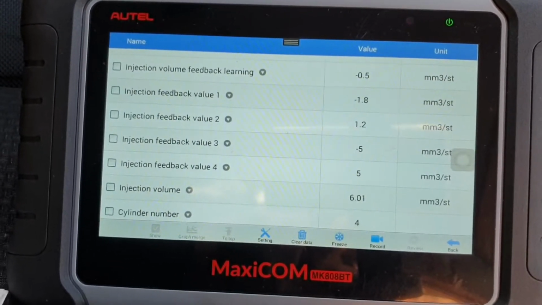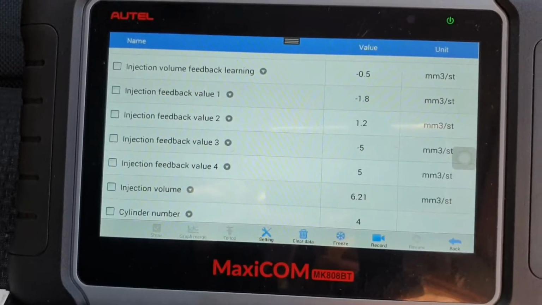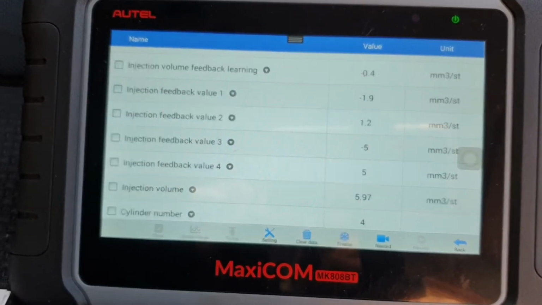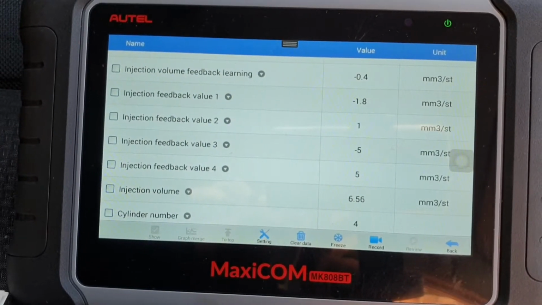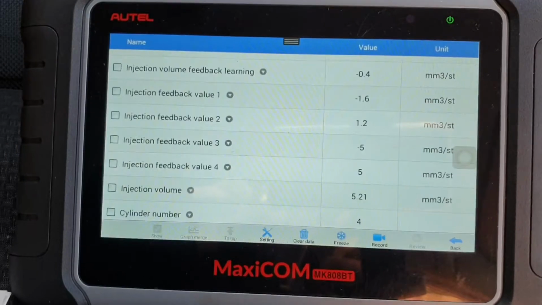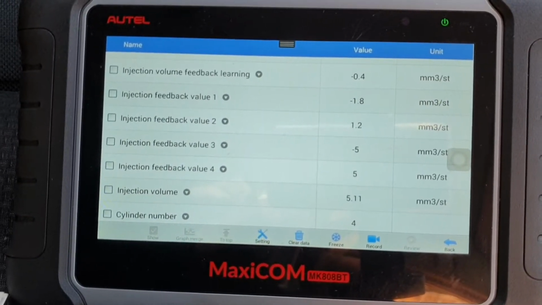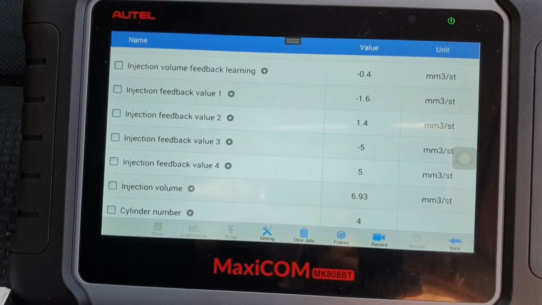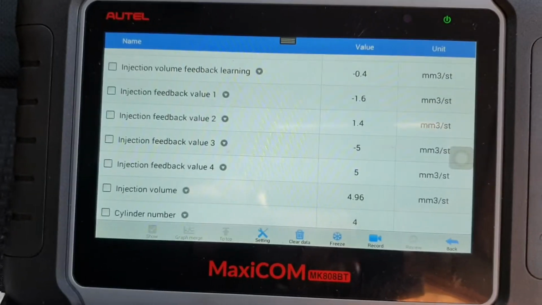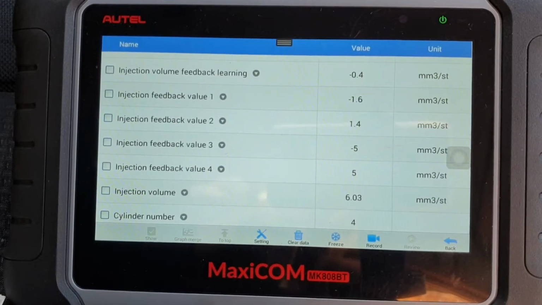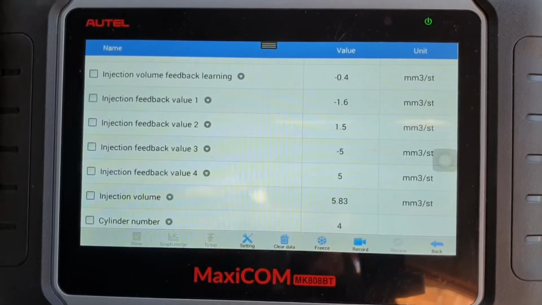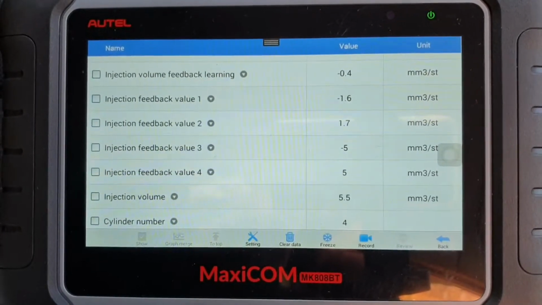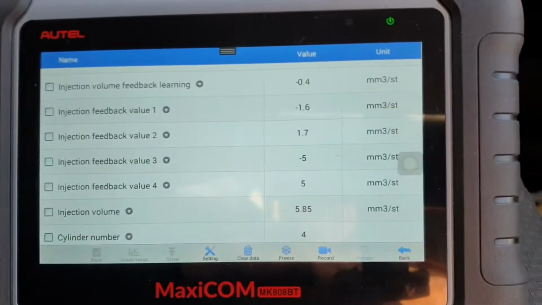So now I'm going to disconnect this injector and see if there is any change in the value. Injector 4 is also bad, because the injection feedback value is 5, which is no good, and the injection feedback value of injector 3 is -5, which is no good.